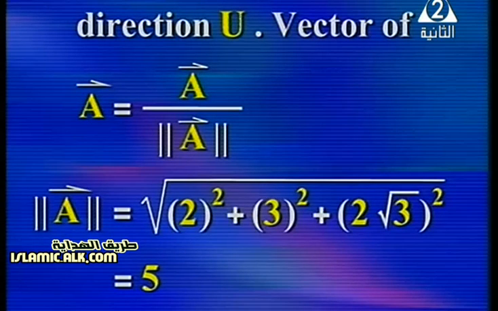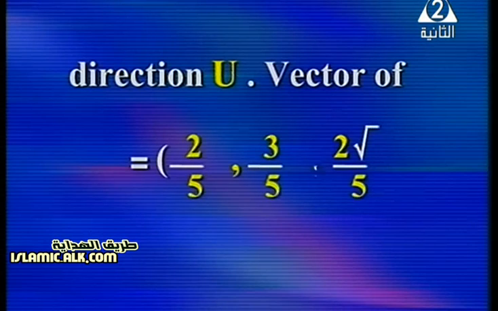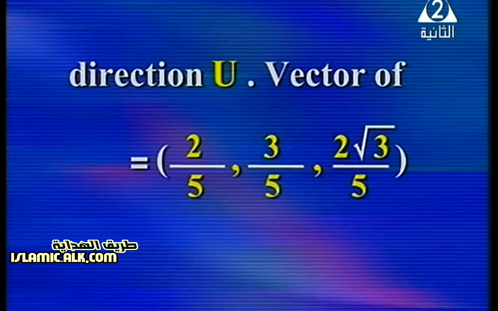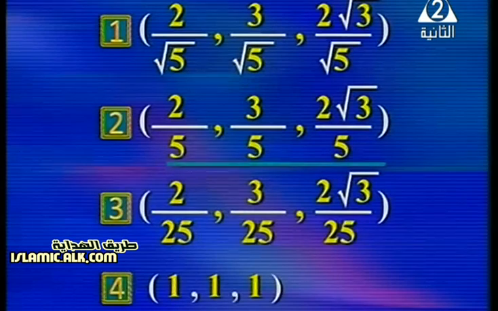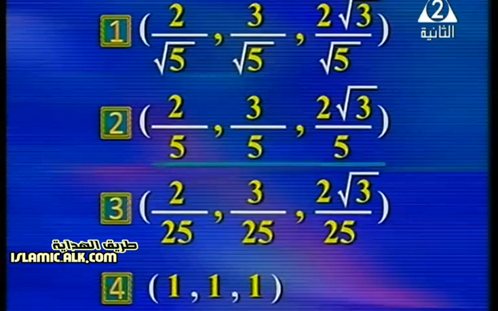Then we divide the components of vector A by 5. The unit vector equals 2 over 5, 3 over 5, 2 root 3 over 5. Then the correct answer is 2 over 5, 3 over 5, 2 root 3 over 5.